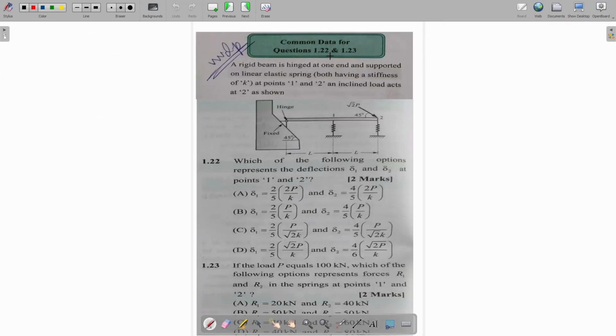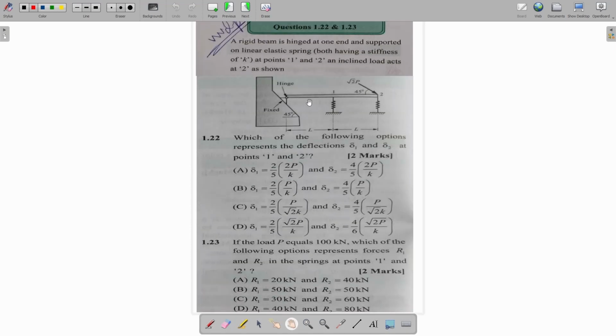Now, question number 22 and 23 is a combined question. The question is given as: a rigid beam is hinged at one end and supported on linearly elastic springs. This is the rigid hinge, and this is the rigid beam. This is the elastic spring.